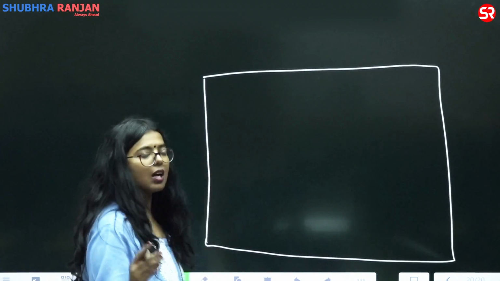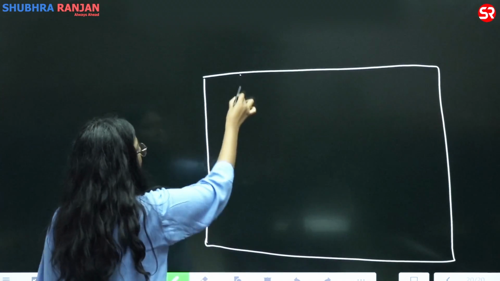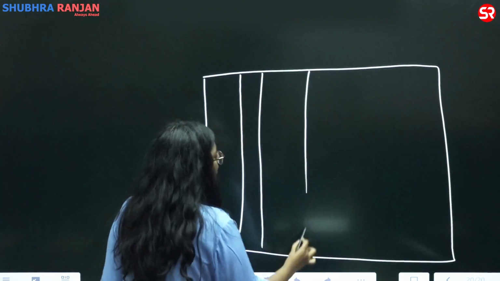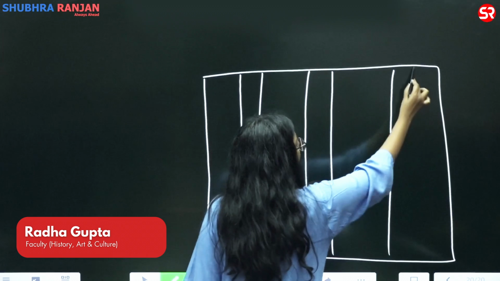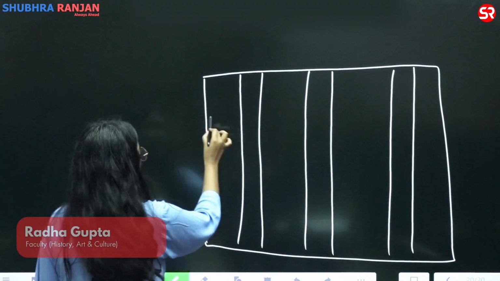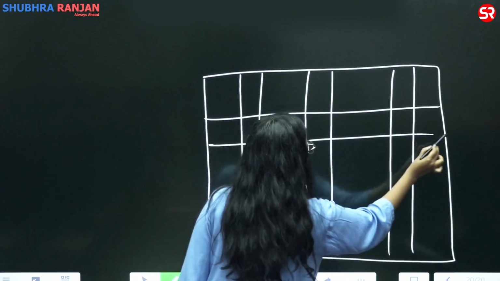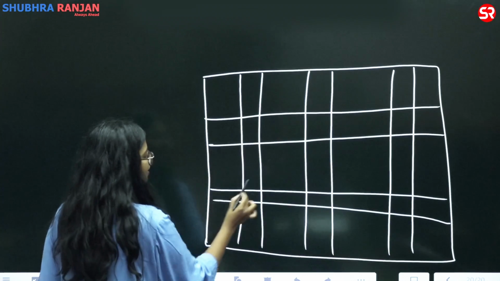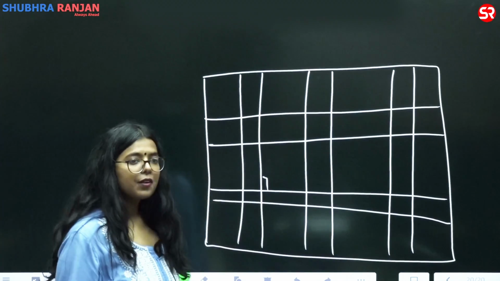When we look at the details of the city planning, we see that there were broad roads which ran parallel to each other. At the same time, these roads were also cutting each other at a 90-degree angle. This is the right angle, and this is what we are talking about.